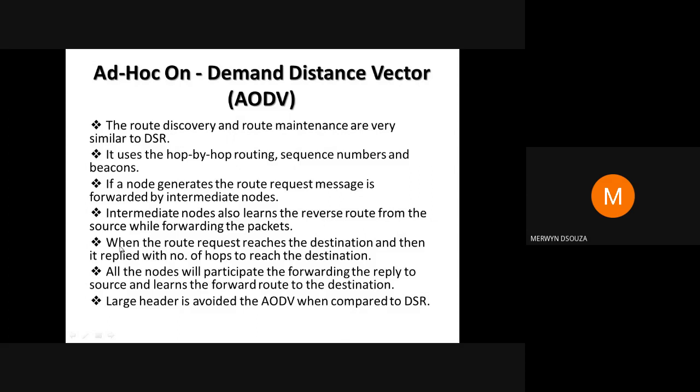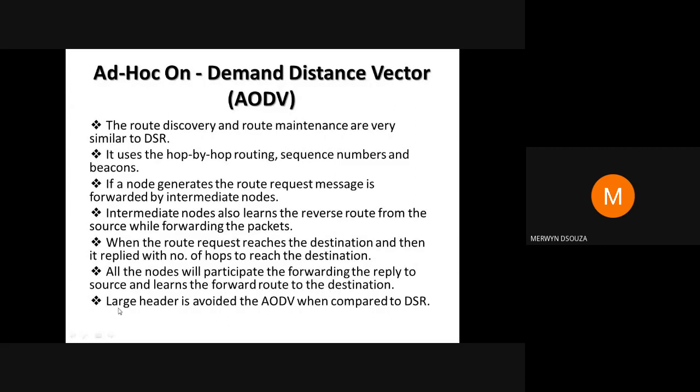Then just like DSR, when the route request reaches the destination, the destination will reply with the number of hops to reach the destination. So all the nodes that are participating in that route discovery will learn the destination route as well as the forwarding route to the destination.